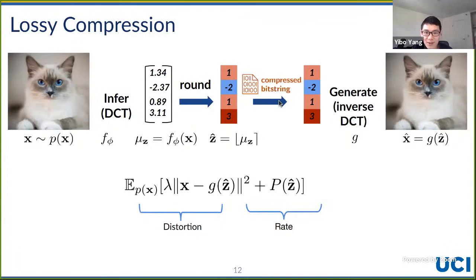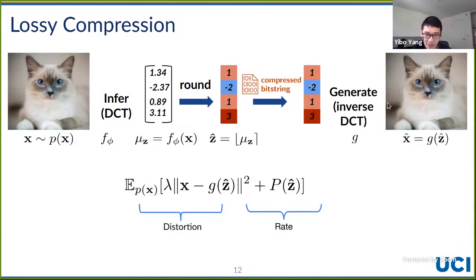After that, you can apply lossless compression to these integer symbols. And then the decoder can apply the inverse transform that I call G to get a reconstruction of the original image.